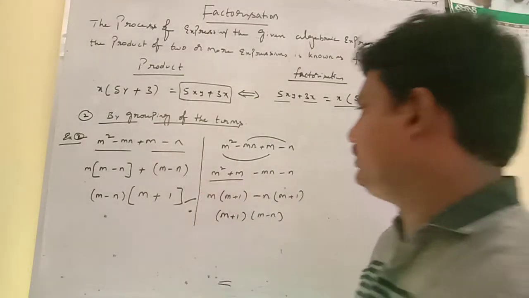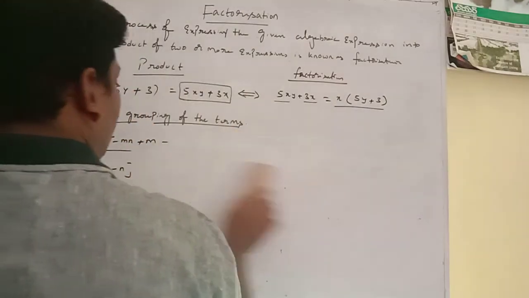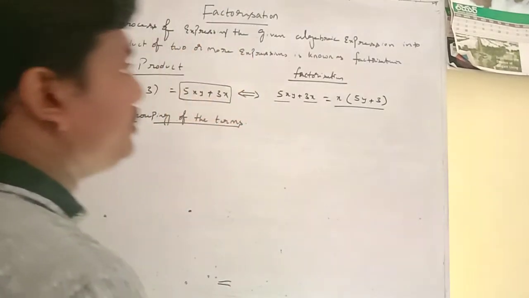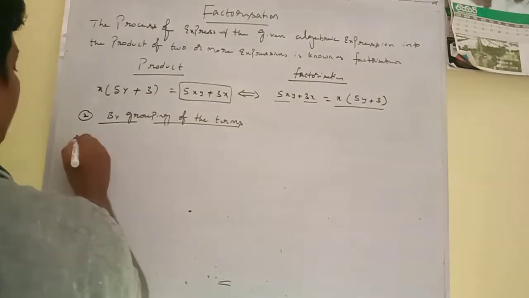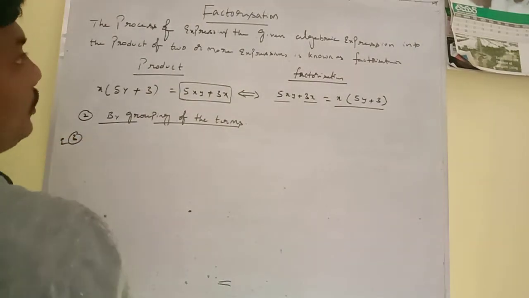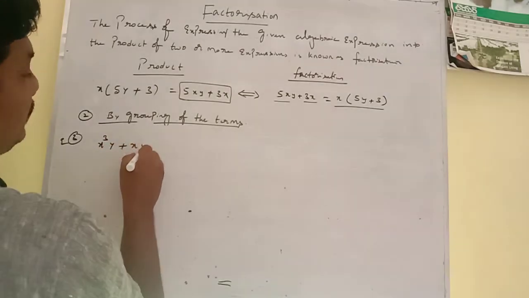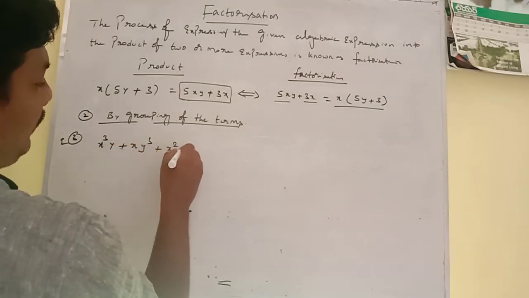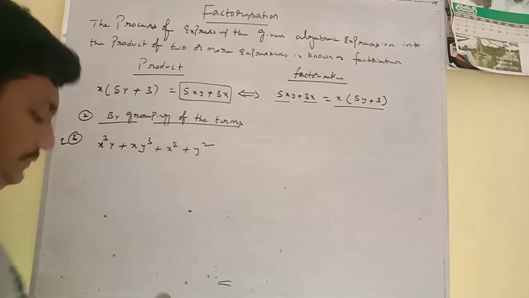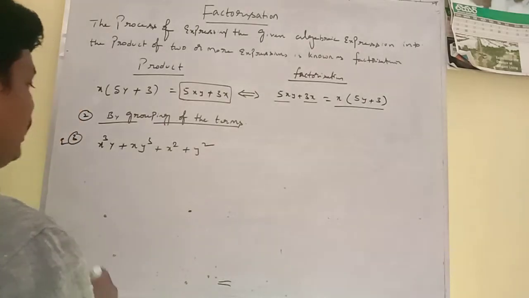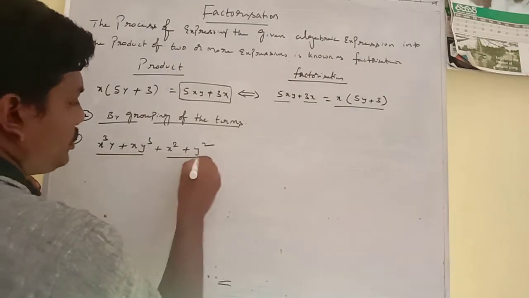These are 4 terms. Now next, coming to another example, how to find the factorization for this also. Third example, example 3: x cube y plus x y cube plus x square plus y square. To find the factorization, here also we group these two terms and these two terms.